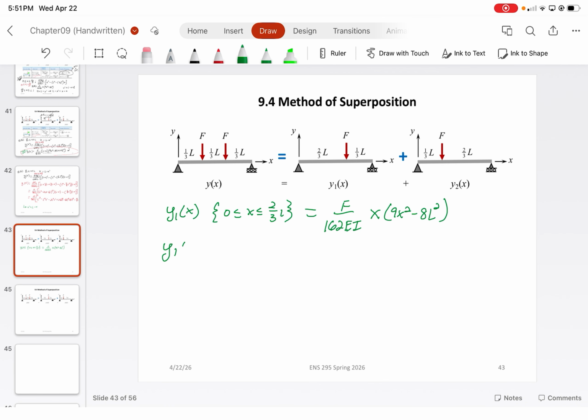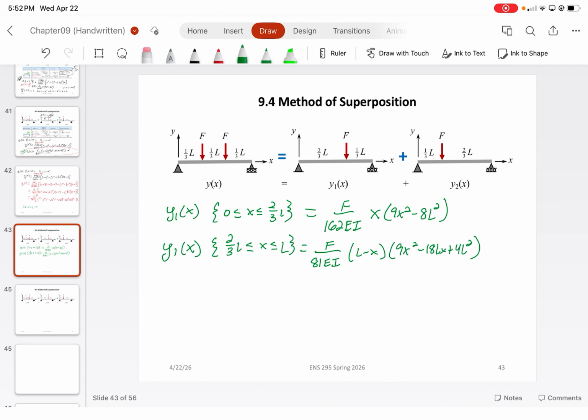You would get a y1 of x for the bounds 2/3 L less than or equal to x less than or equal to L, and that would equal F over 81 EI times (L minus x) times (9x squared minus 18Lx plus 4L squared).